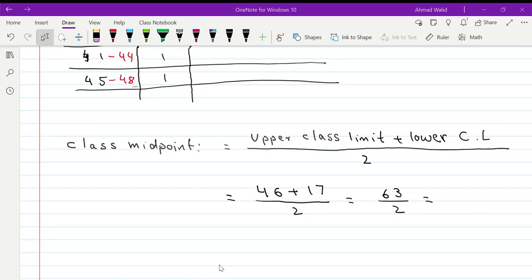Oh, sorry, a huge mistake. Upper class limit plus lower class limit divide by what?